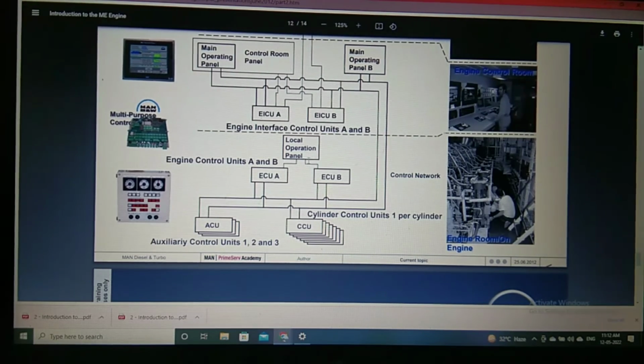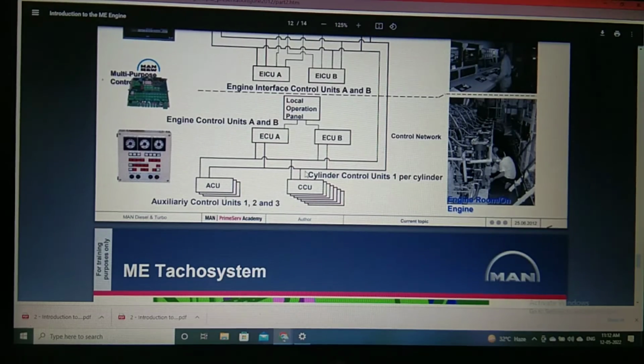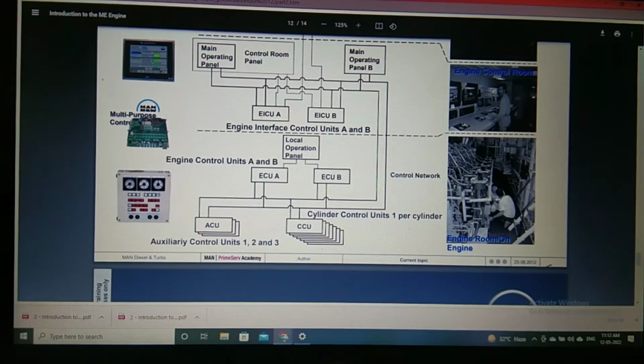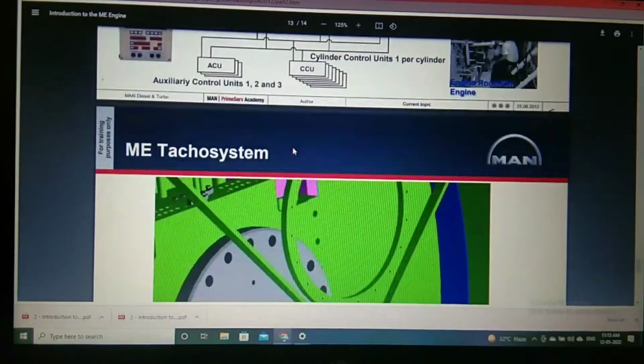If we are operating from engine control room, so these are the signals of the control units coming. They are giving signals and they are sending to main operating panels. This is the thing, and then engine interface control unit is there. So we will go on in detail.